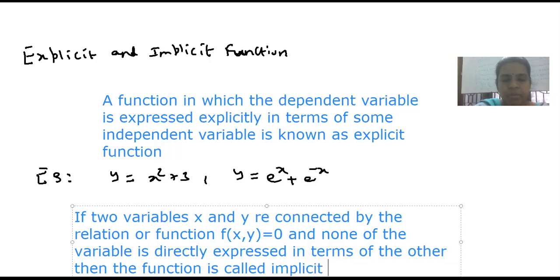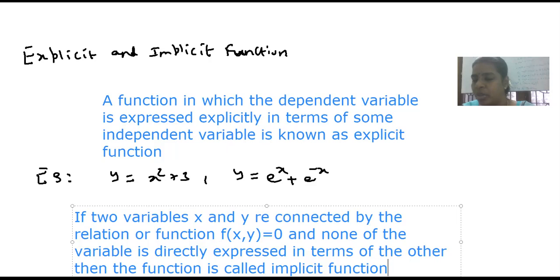Did you understand the implicit function? Okay, did everyone get a clear idea? So a function in which the dependent variable is expressed explicitly in terms of some independent variable is known as an explicit function. For the implicit, f of x comma y equal to 0 and none of the variables is directly expressed in terms of the other, then the function is called an implicit function. Okay?